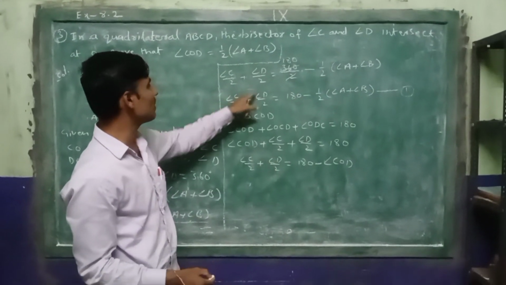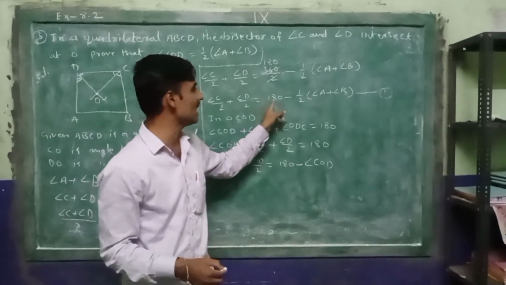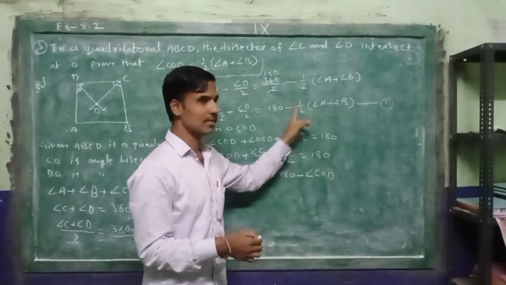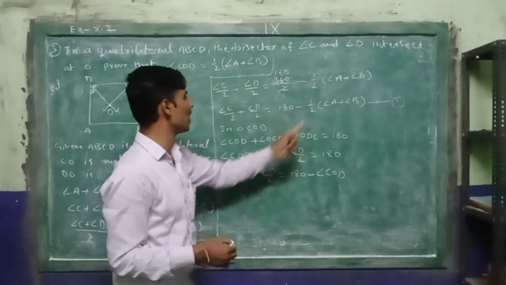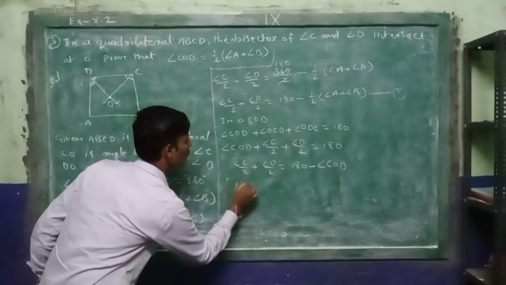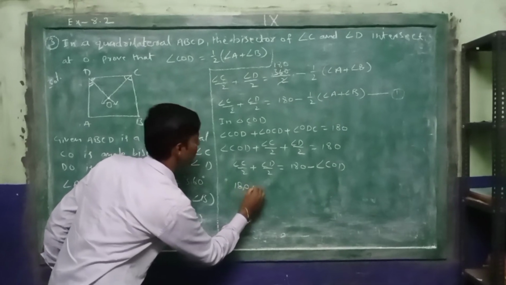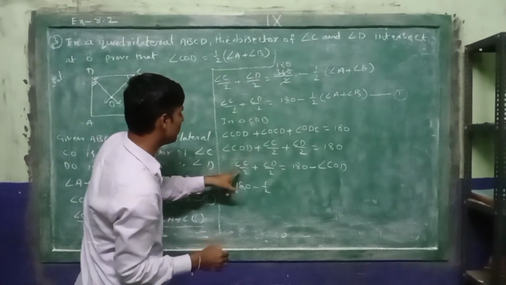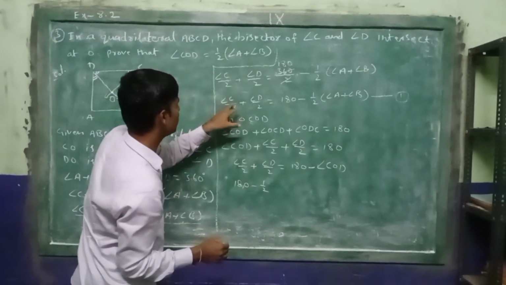Okay. Now see, angle C by 2 plus angle D by 2 equals which one is there? Replace this one, we can write now: 180 minus 1 by 2. Which one did you get here?